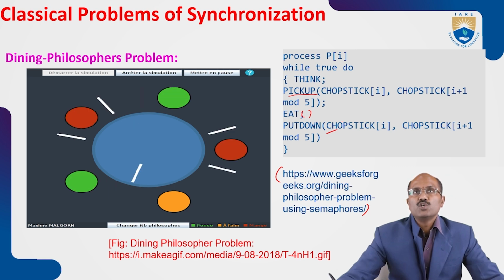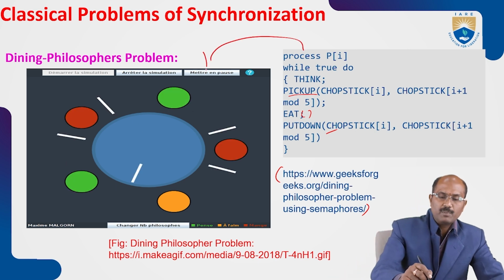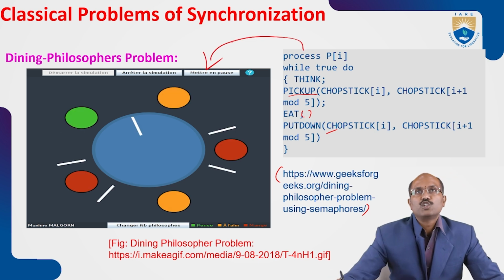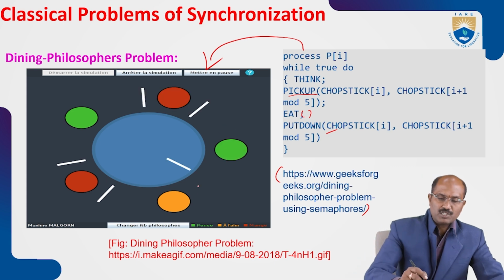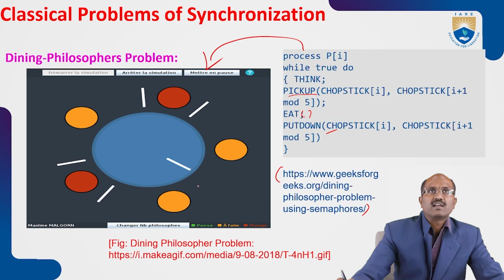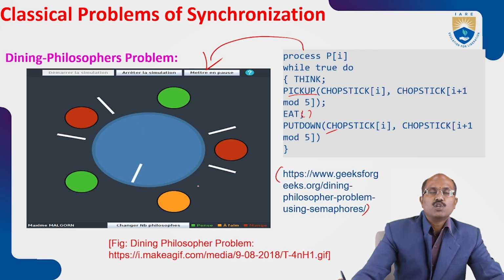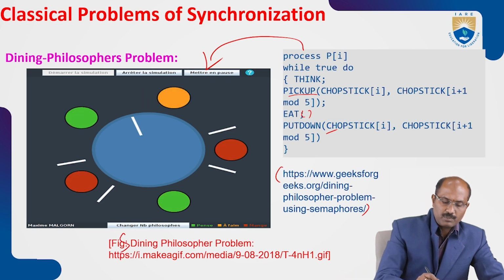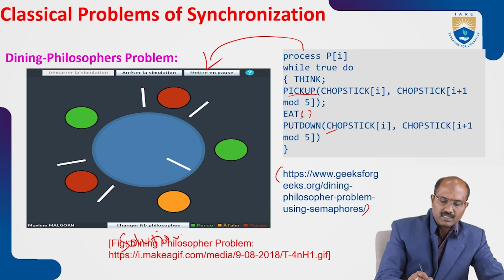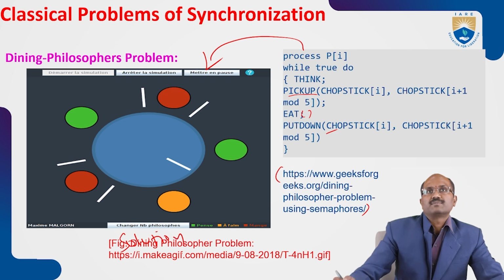This is the solution for the dining philosophers problem. This code is activated by the following diagram once execution starts. It can be explained by the following representation of the diagram, the solution of the dining philosophers problem. This is the solution figure.